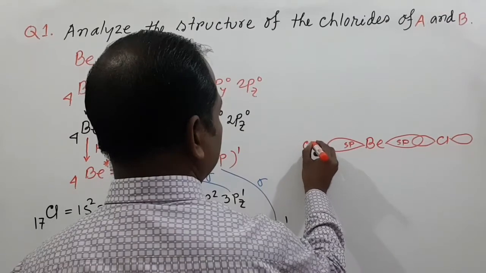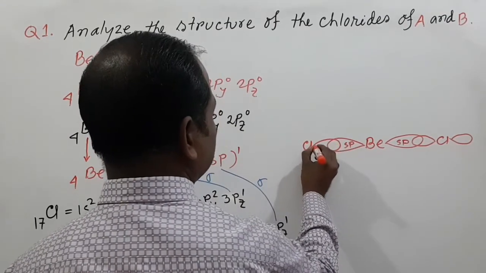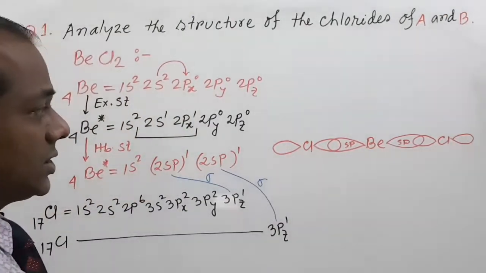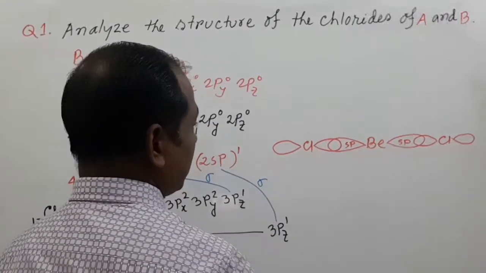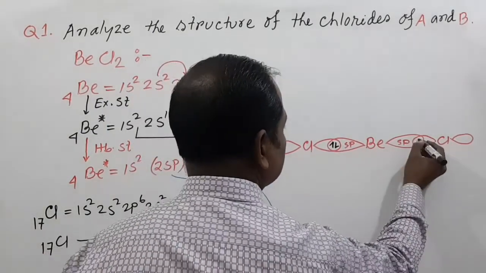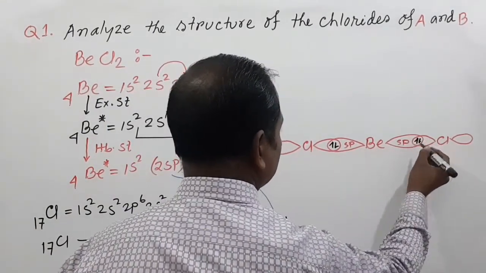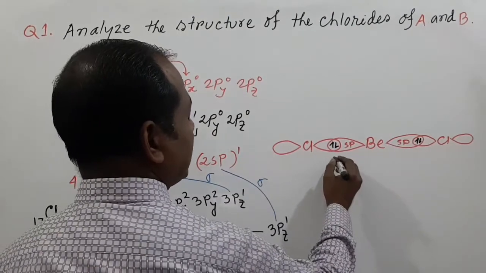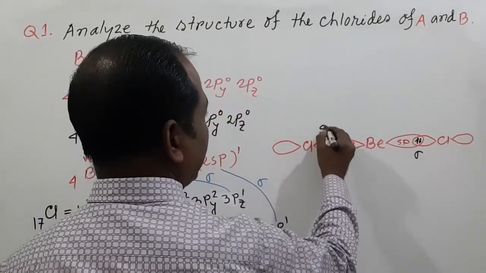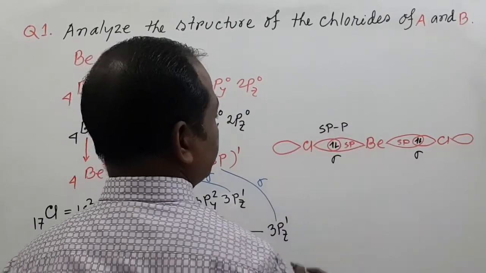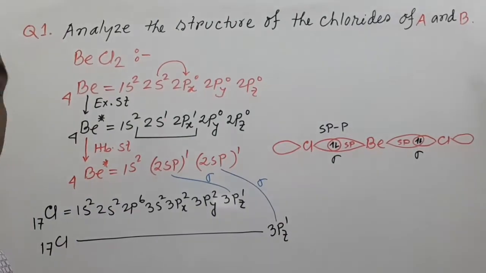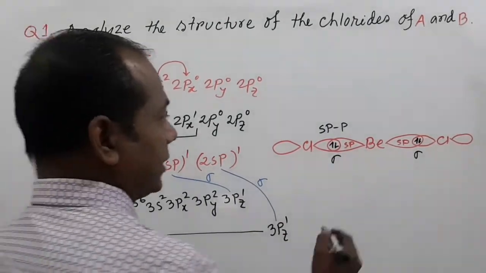Here the p orbital is dumbbell shaped. So this is the shape of beryllium chloride. There are two electrons. This bond is named a sigma bond. This is also known as an sp-p bond, because here the sp hybrid orbital overlaps with the p orbital of chlorine.